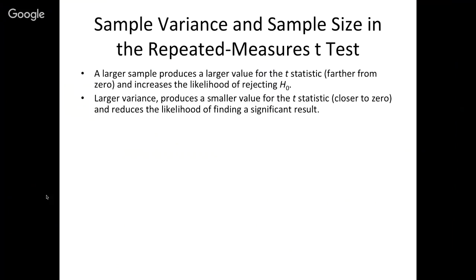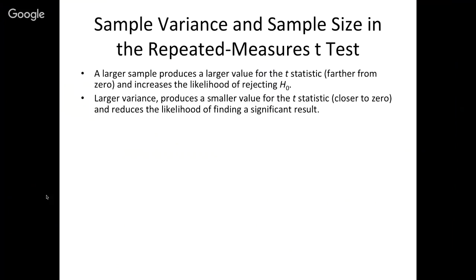It's exactly the same as what we said in the independent measures t-test, and also the same for the one sample t-test. A larger sample is always better, more sensitive for any t-test, right?